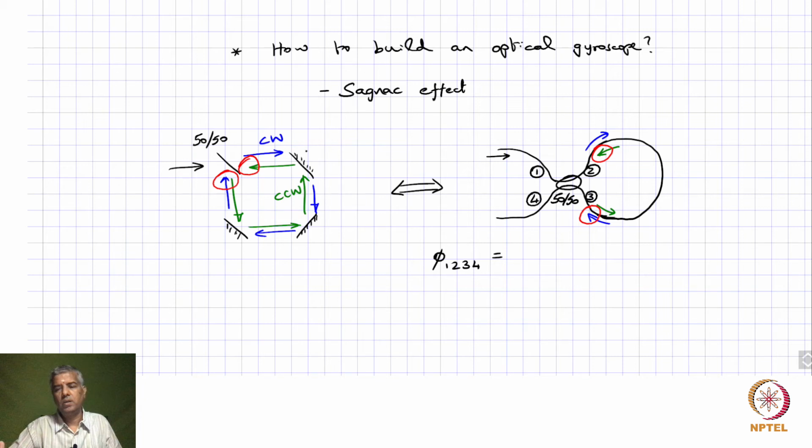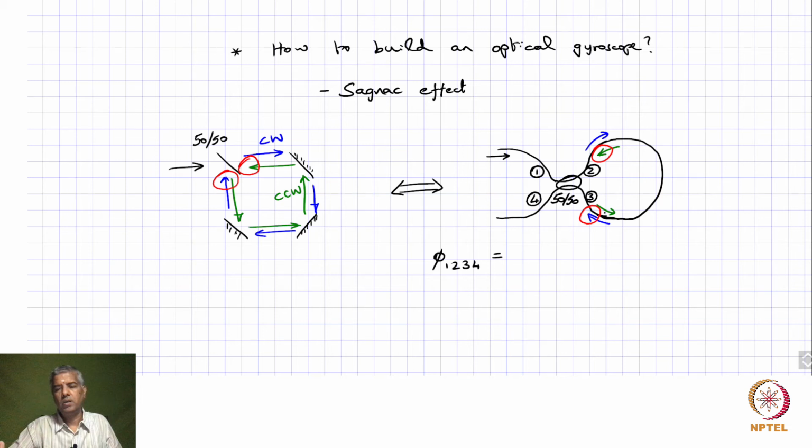If the mirror alignment changes, especially if you're having this mounted on an airplane, and during landing or takeoff it's going through a lot of perturbations, that might make this alignment go off. So that might actually affect the performance of the gyroscope.